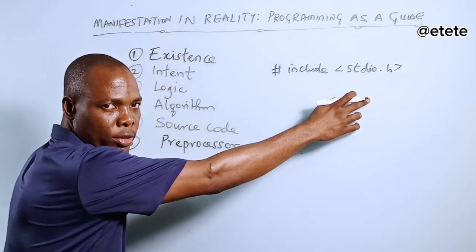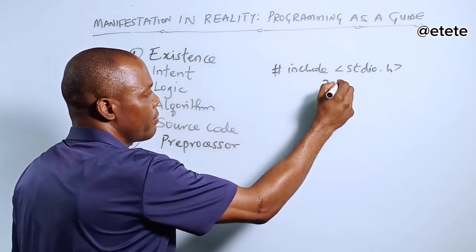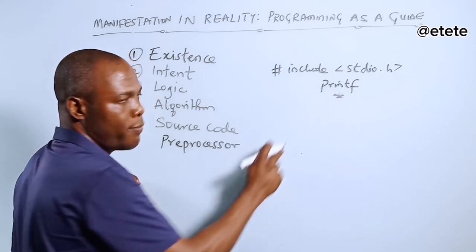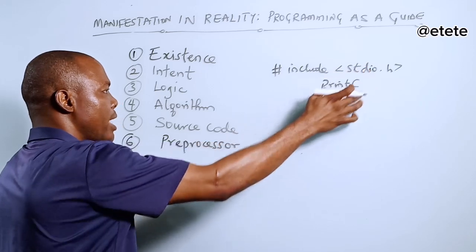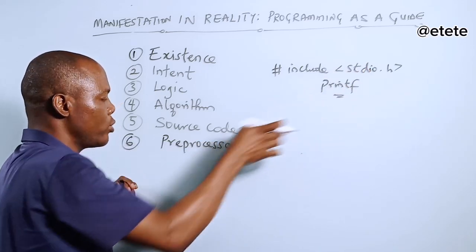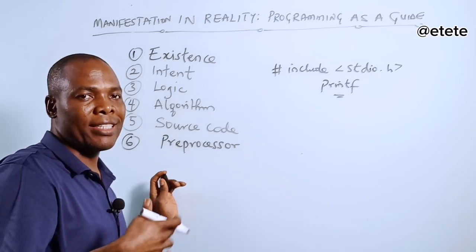This is the preprocessor. So this one actually enables us use the printf function. It is a header that contains some functions that you are going to use. That is the preprocessor. So this preprocessor is like an assistant.